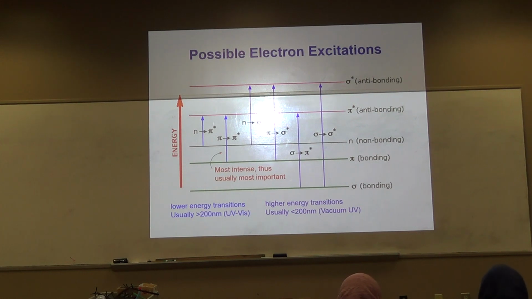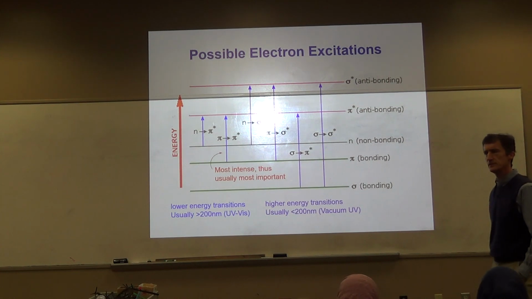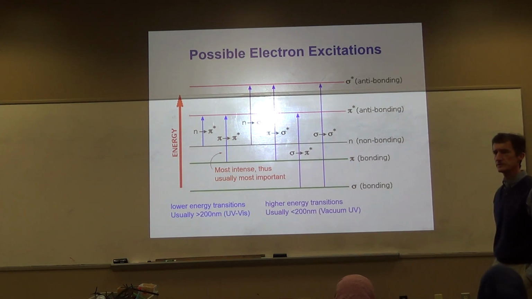Non-bond lone pairs are easier to excite, so they take less energy to excite. If they take less energy, what type of light would do that? Long wavelength or short wavelength? Long wavelength. Longer wavelengths would be lower energy.